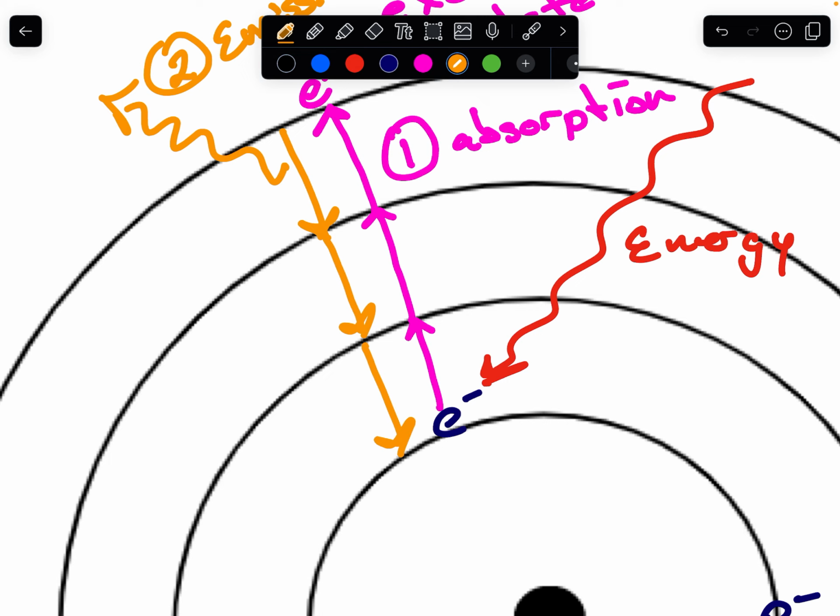Now, how far it falls down determines how much energy it releases. Okay? If I have my electron, and let's say that electron falls all the way down from level 4 to level 1, right? So this is a 4 to 1 transition. It's releasing a lot of energy.